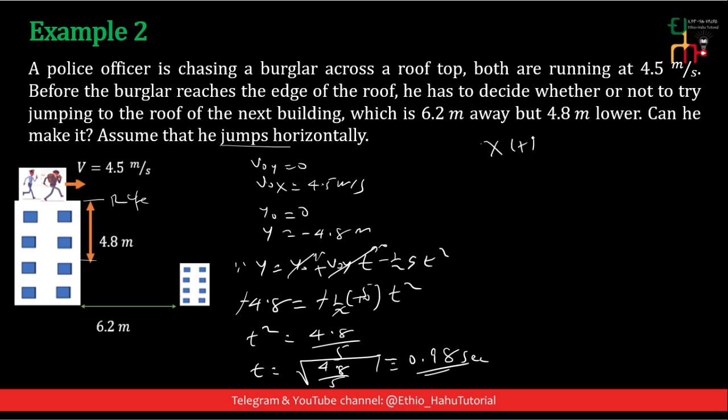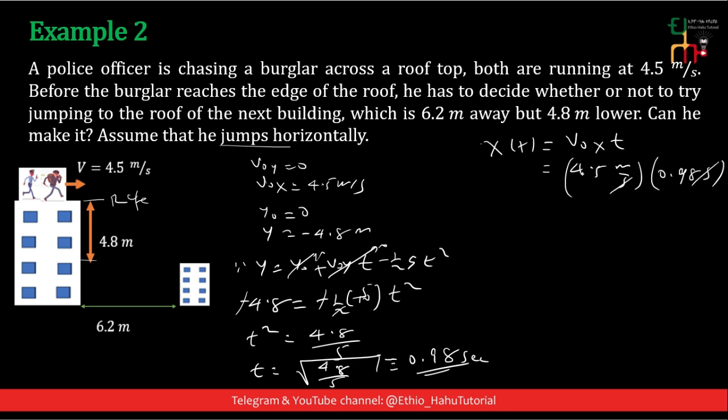X at any instant of time, that is the horizontal distance moved by the burglar, is simply V naught x times t. Here V naught x is the same as 4.5 meter per second times time 0.98 second.